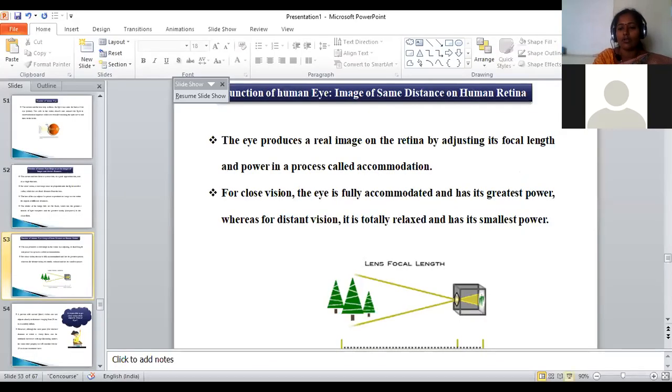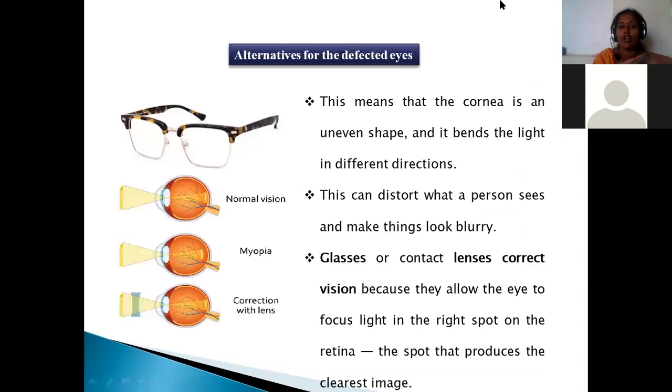Okay, now let us move on to the next concept, alternatives for the defective eye. If the eye is not able to capture the exact objects present in our surroundings, we have to go for some other alternatives. By fixing some artificial lenses, it is possible to treat our visionary defects.